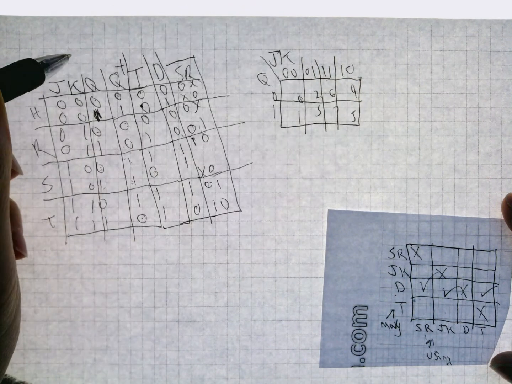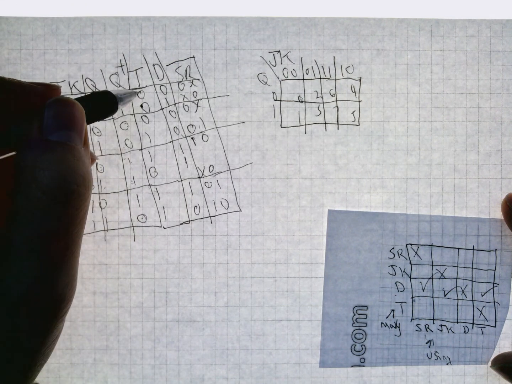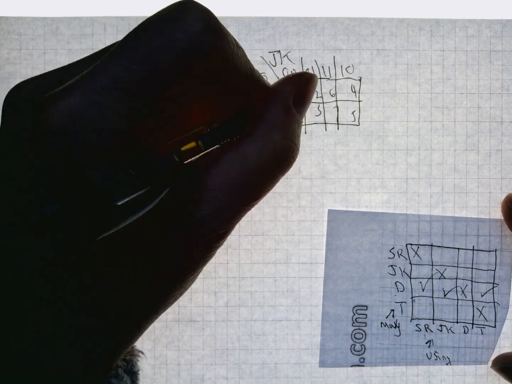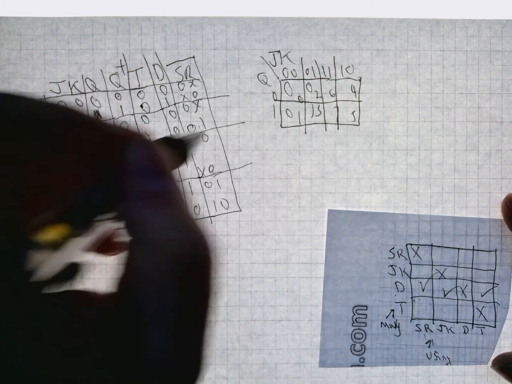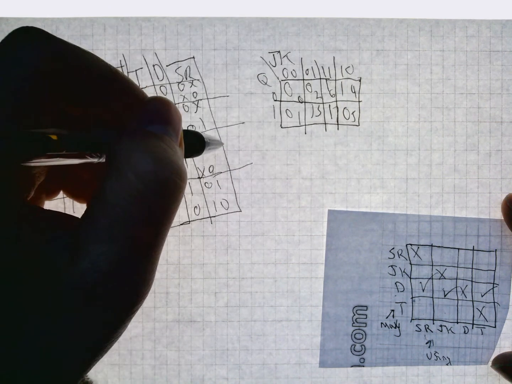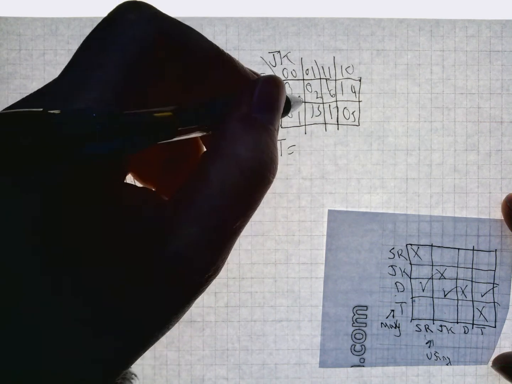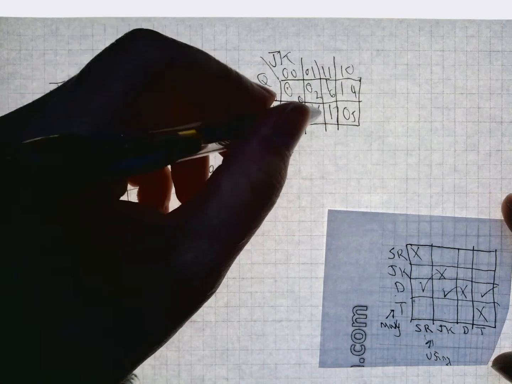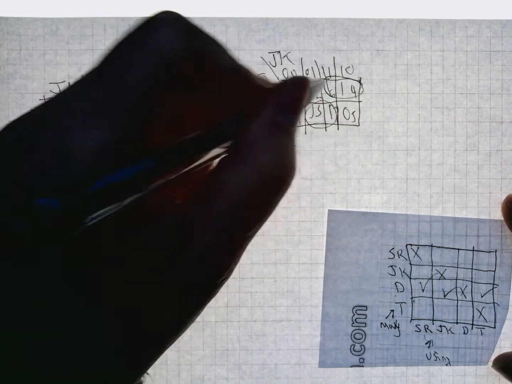Notice how I always number my K-maps. And now when I go through and try and write out something like T, it's 0, 0, 0, 1, 1, 0, 1, 1. And now I can write out T equals, and you can loop here, and you can loop there.